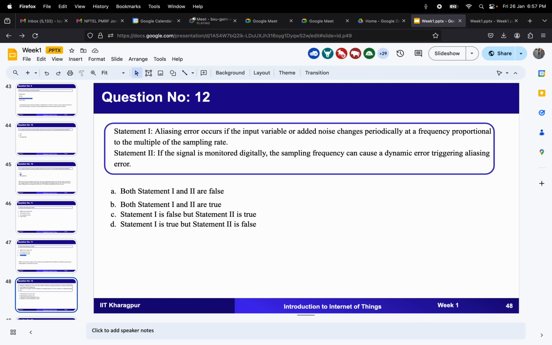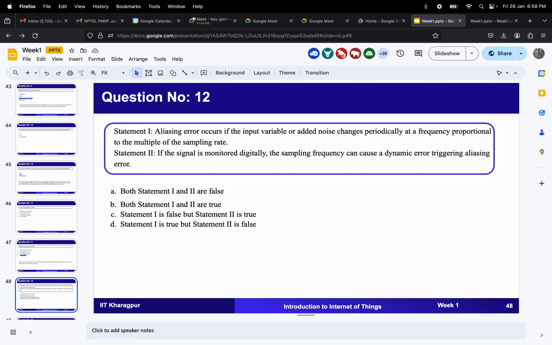Next question, question number 12. Two statements are given and you have to tell which statement is true and which is false. Statement 1 is, aliasing error occurs if the input variable or added noise changes periodically at a frequency proportional to a multiple of the sampling rate. Second statement is, if the signal is monitored digitally, the sampling frequency can cause a dynamic error triggering aliasing error. Options are: A, both the statements are false.